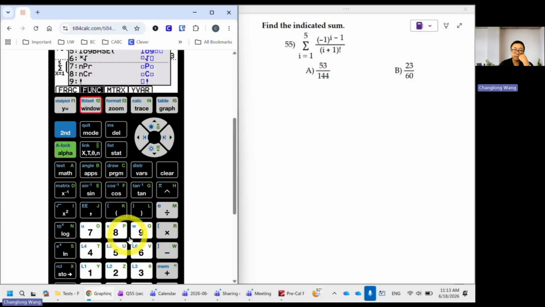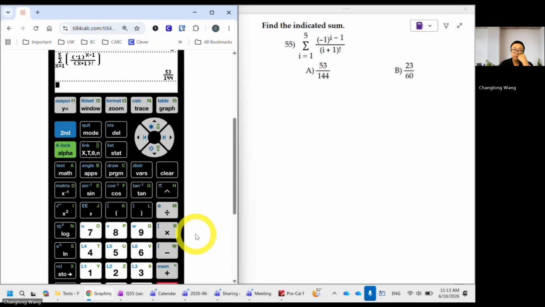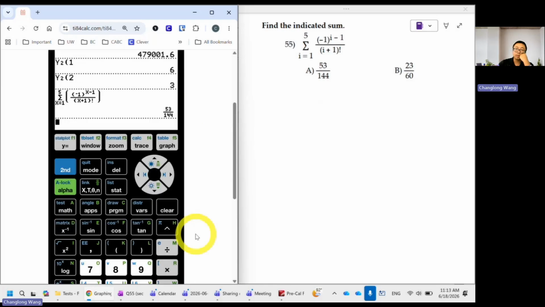So alpha window 9. Yeah. All right, am I right? There we go. Okay, letter A.